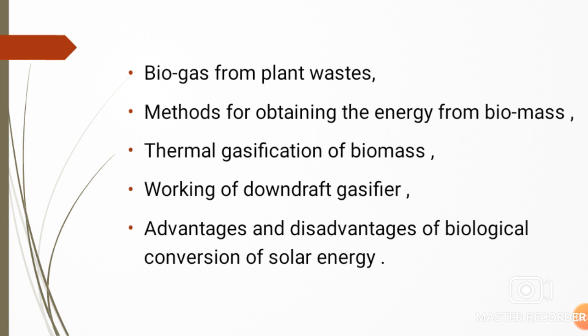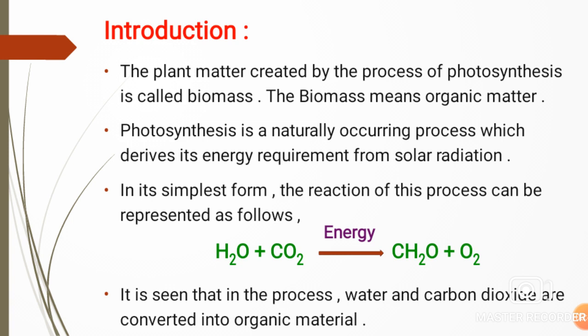Now let's start with the introduction. The plant matter created by the process of photosynthesis is called biomass. Now what do we mean by biomass? Biomass is the plant matter which is created with the help of the photosynthesis process. We know that the photosynthesis process requires sunlight and water, and with the help of sunlight and water plants synthesize their own food, and plants take CO2 and give oxygen.